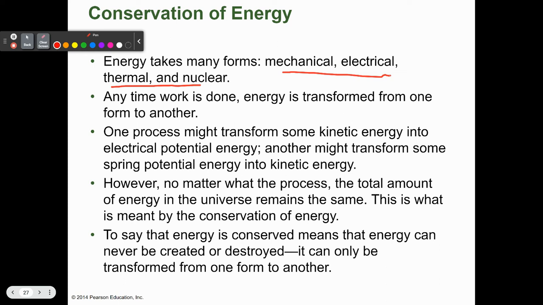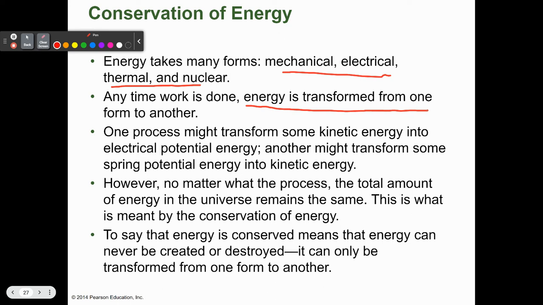Anytime work is done, energy gets transferred from one form to another. One process might transform kinetic energy into electric potential energy, or it might transfer spring potential energy into kinetic energy, or something like that. Anytime work is done, there's an energy transformation that takes place.